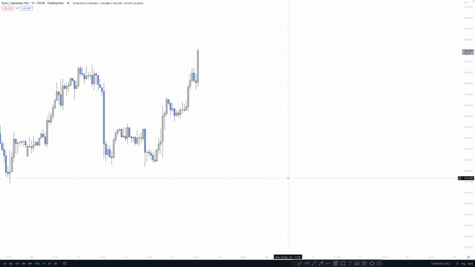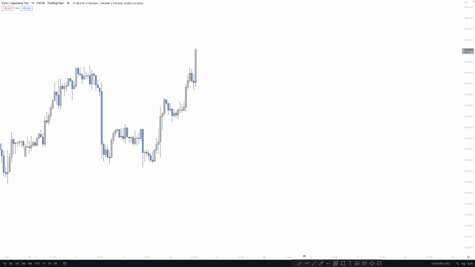Also, wicks do not play a huge role in price action. So usually when you see a wick like this on EUR/USD, for example, this is considered a big wick. But when you see something like this on AJ, it's still big, but not as much. So wicks do not play that much of a role in price action.